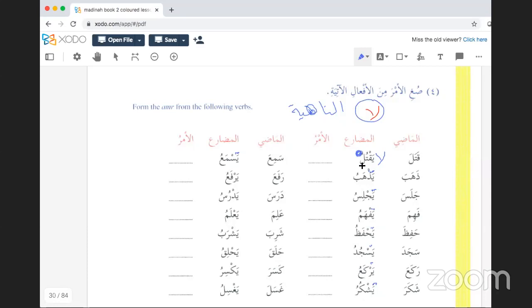Now what you're going to do is you place la an-nahiya before it, and the fi'l becomes majzoom, sukoon at the end. So you say لا تقتل. لا تقتله, don't kill him or don't kill it. لا تقتل الكلب, for example, don't kill the dog. لا تذهب, and this comes to sukoon on the end. لا تذهب إلى السوق اليوم, for example.